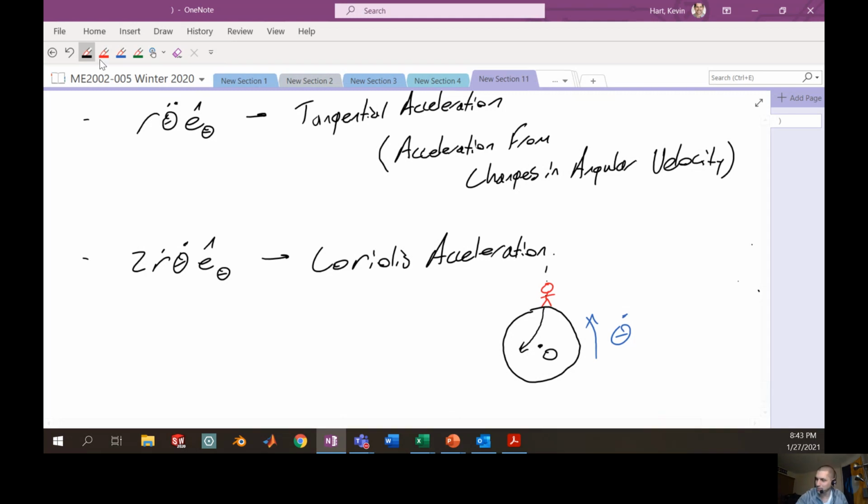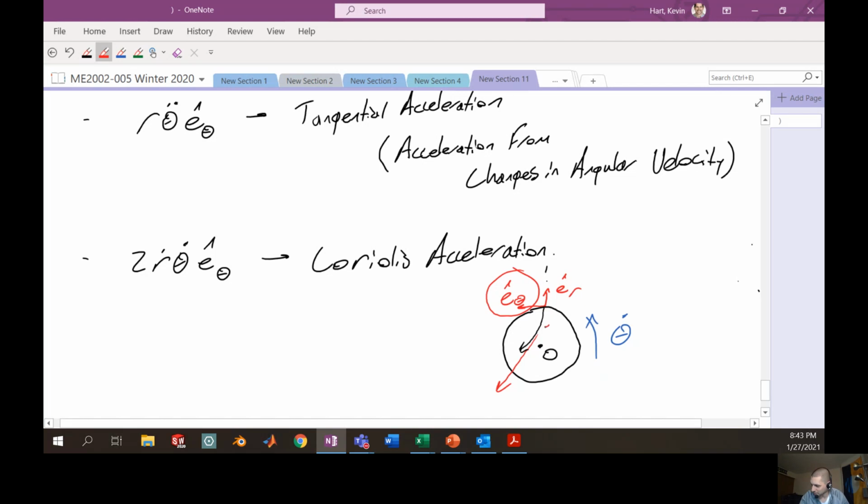And so if I thought about putting my coordinates on myself that we talked about, which would be my e hat r, and in this situation, e hat theta, we see that the velocity vector of the particle here has some component now that's in e hat theta.